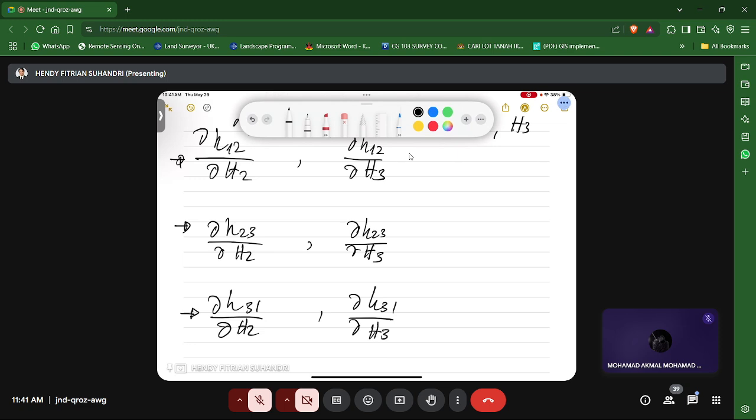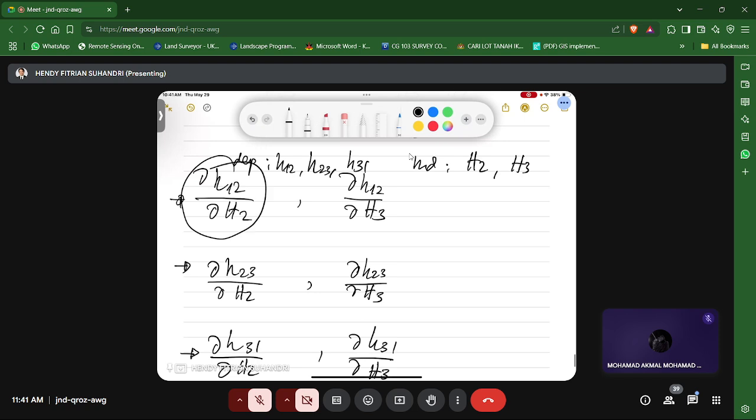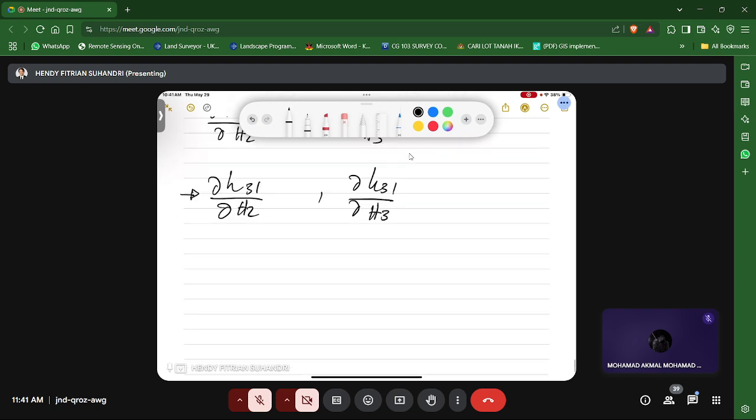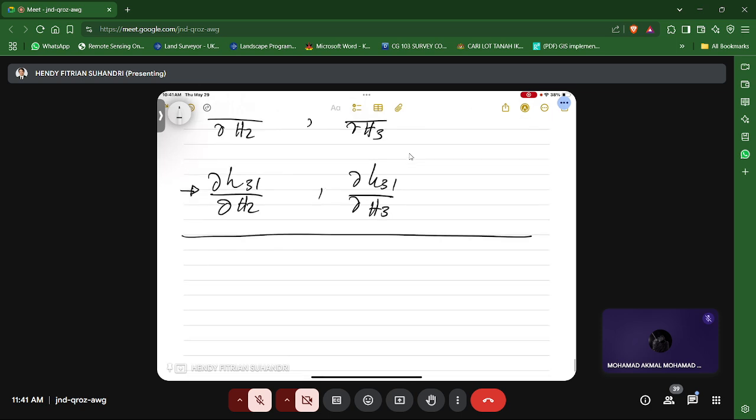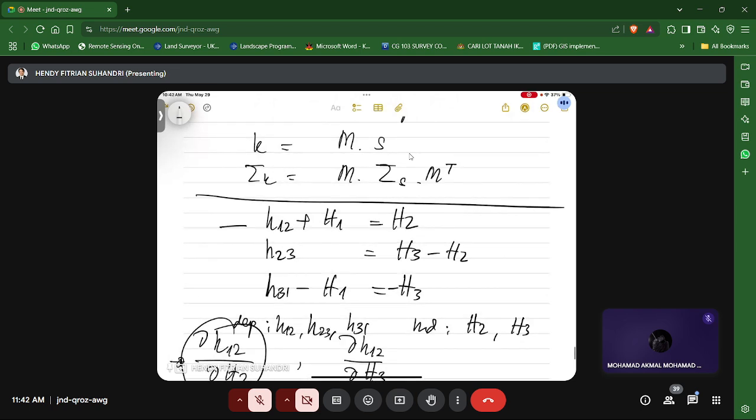Okey, sekarang untuk yang ni, apa turunan dia? Do H12 diturunkan terhadap H2. Tengok persamaan pertama kita.